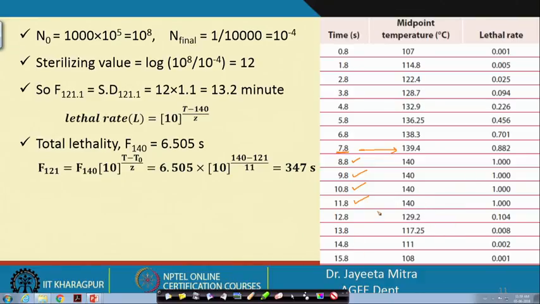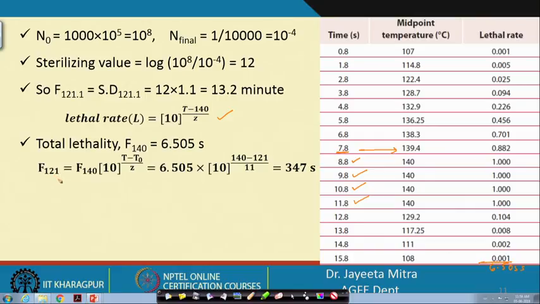We have converted them all to the lethality with respect to 140 degree Celsius. So, if we calculate them all, the total we get is 6.505 seconds using this lethal rate equation.